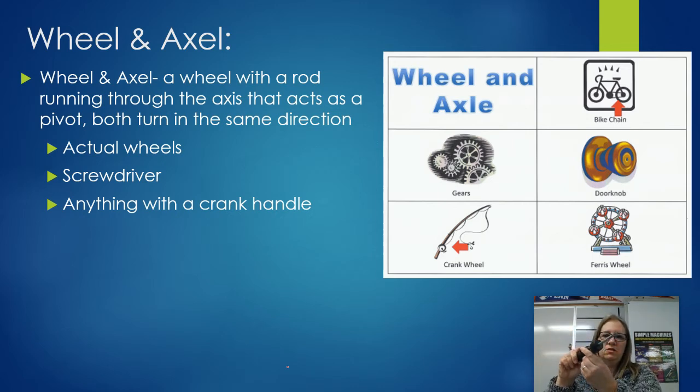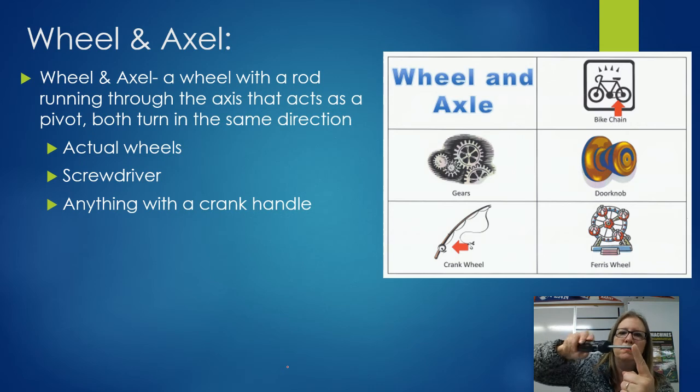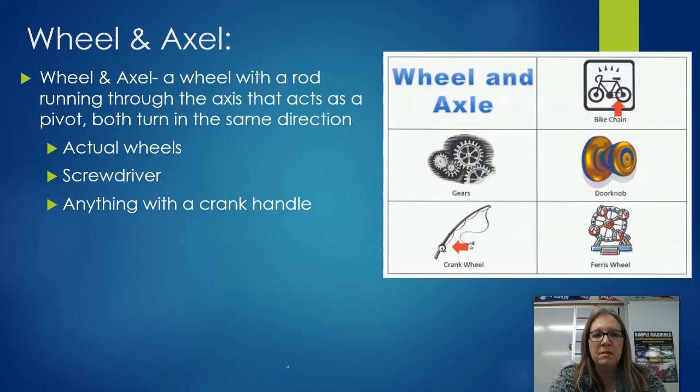The handle would be considered the wheel, and the screwdriver part would be considered the axle. When I turn the screwdriver, both parts turn in the same direction, okay? Actual wheels on a car or a bike are an example. And anything with a crank handle, anything that you have to turn a crank for, would be utilizing a wheel and axle.